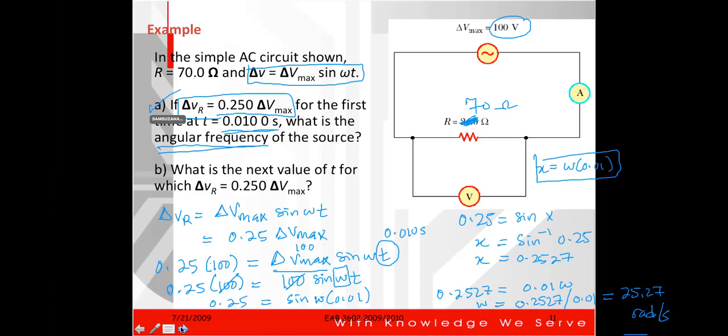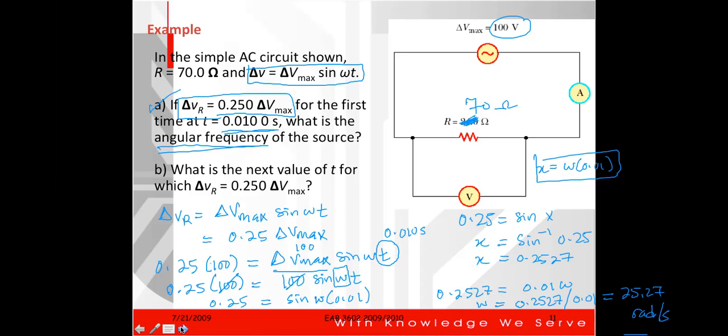Macam mana nak dapatkan angular frequency. Basically you have to use back all those equations lah yang kita tahu dan value yang kita tahu dan kita plug in into the equation untuk dapatkan parameter yang dikehendaki.